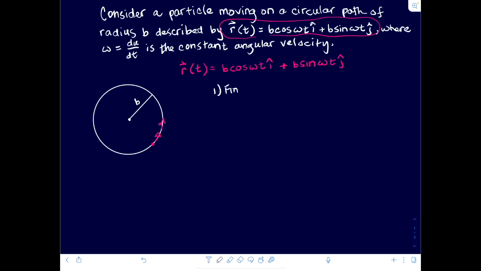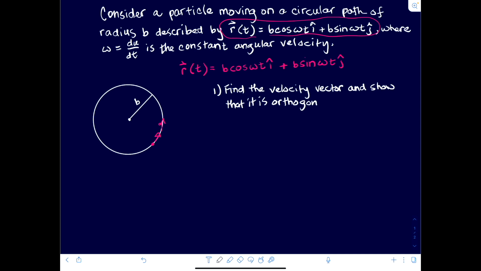We'll find the velocity vector, and we're going to show that it is orthogonal to r. And r is in terms of t. Okay, so let's check it out.